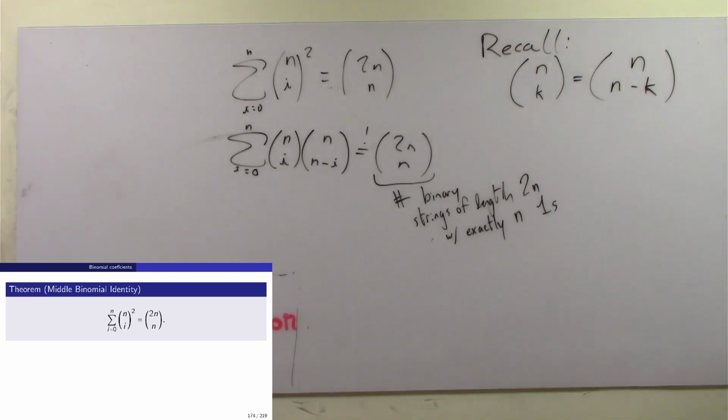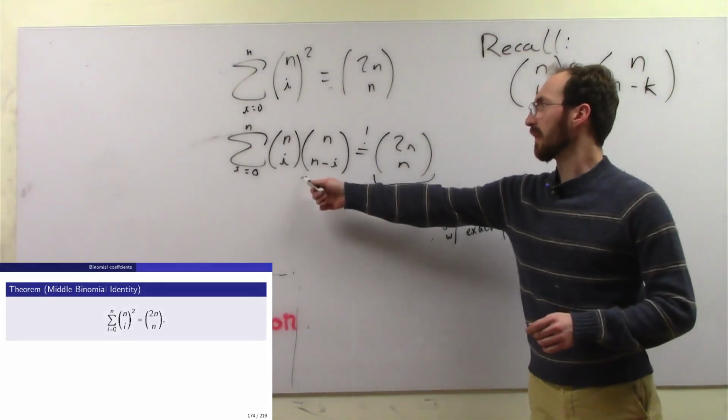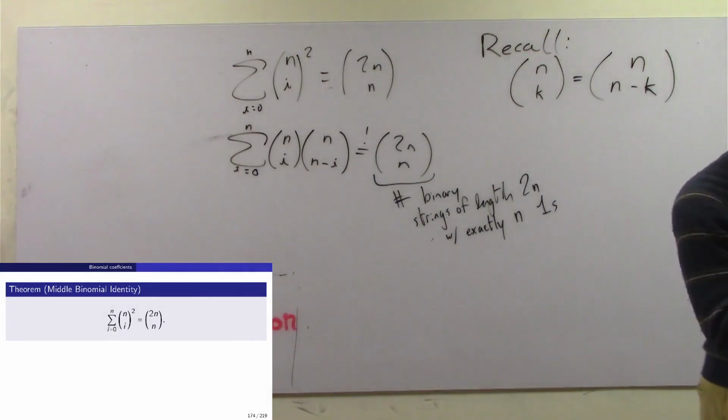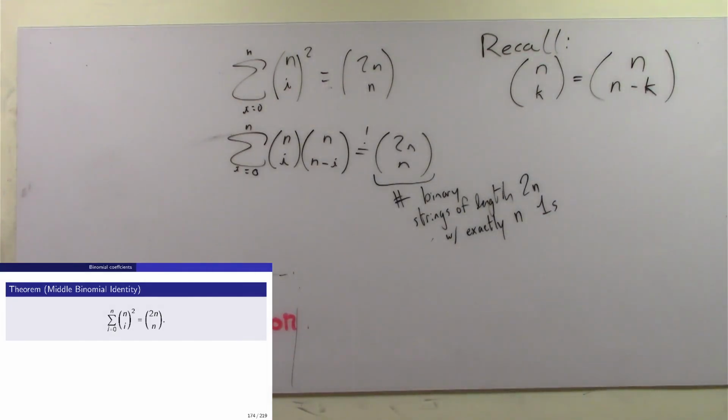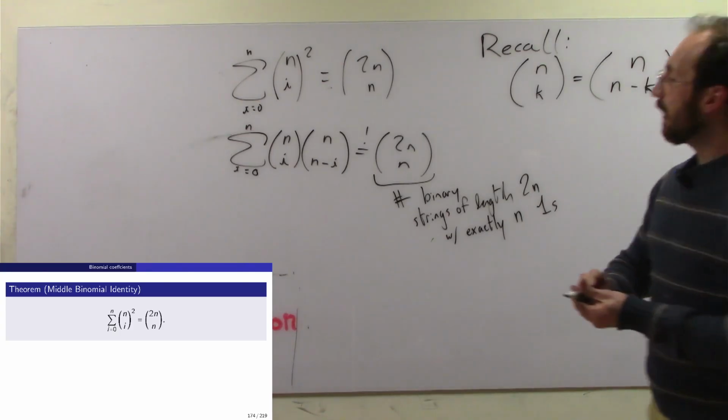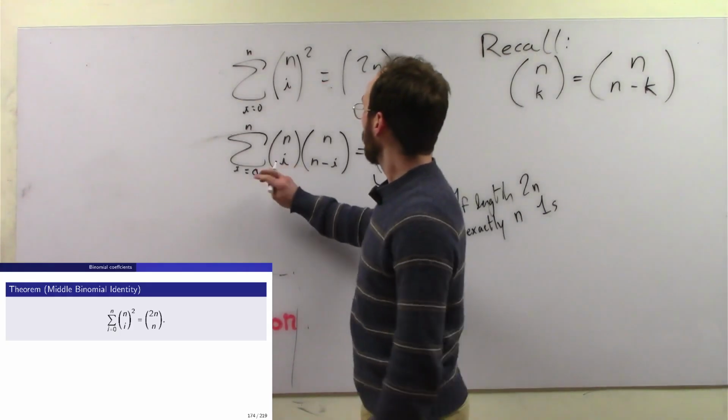Okay. And now my hope is that this is going to count the same. How are we going to do that? Cases based off how many ones are in the first n positions. Thank you, Dan. Yes. Wonderful.